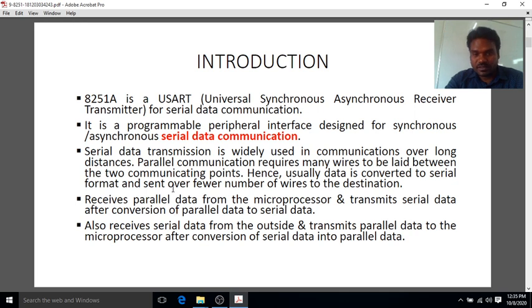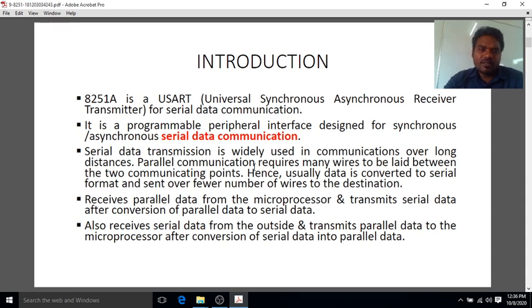And the need of serial communication is that serial data transmission is widely used in communication over long distances. If you want to transmit data over a long distance, we can prefer the data transfer technique of serial data transmission.